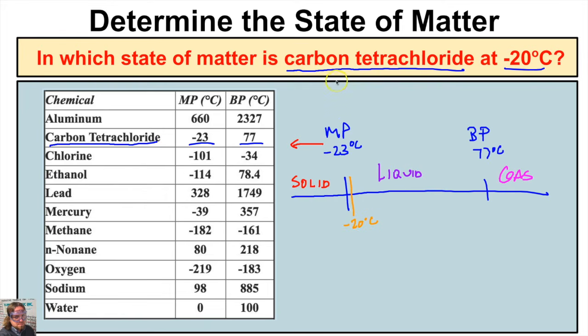So what state of matter is carbon tetrachloride at a temperature of negative 20 degrees Celsius? Well, it looks like it's going to be in the liquid state. So that's how we can use a table of melting points and boiling points of different substances to determine the state of matter that those substances are in.